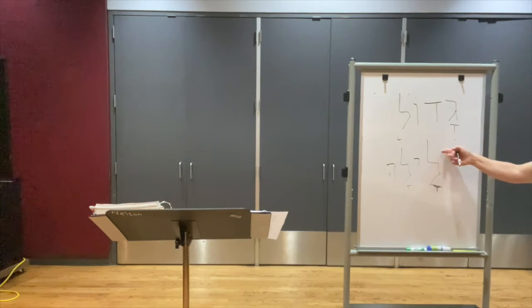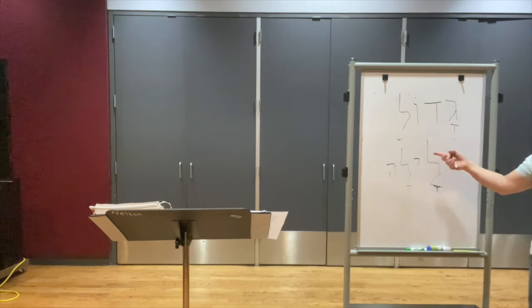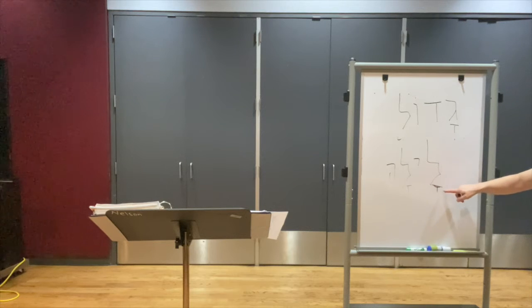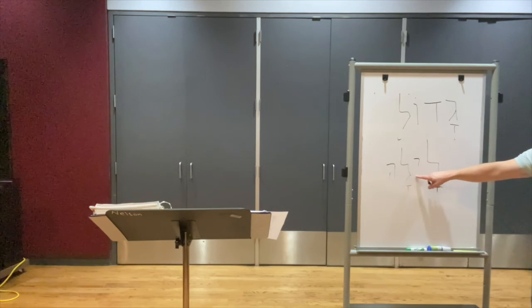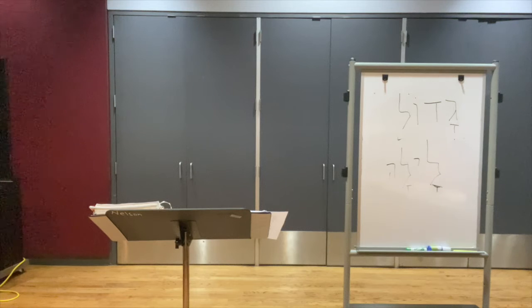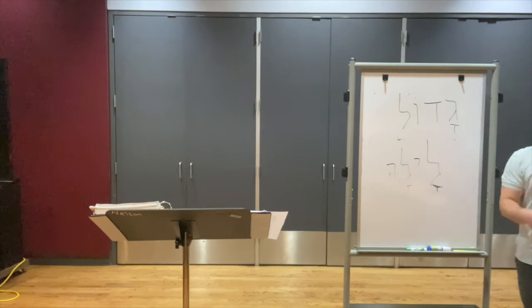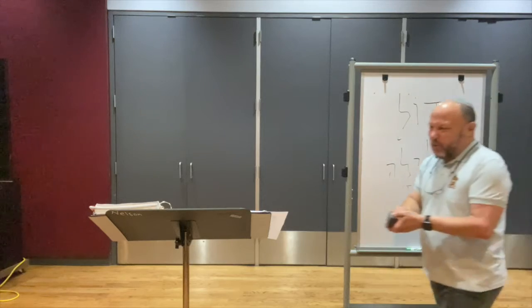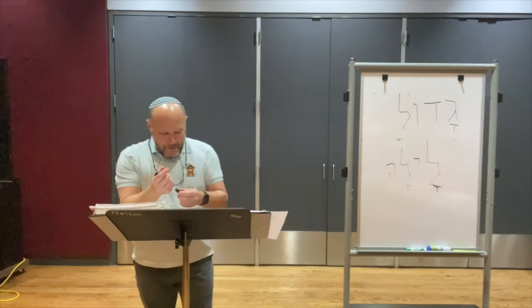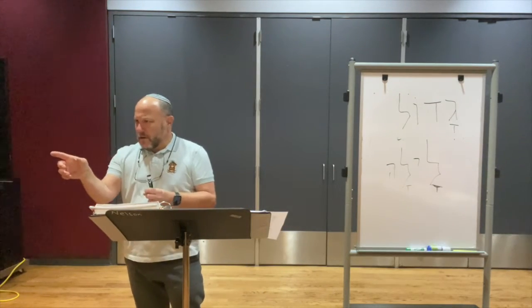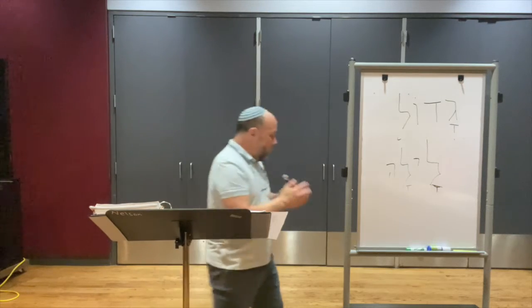So you have the L sound at the beginning of the word, or actually repeated. When you have an E sound followed by a yud, still E. When you have an A sound followed by a yud, it's still A. But when you have an ah sound followed by a yud, it becomes I. But we're not learning that right now, so just ignore me. Did I answer your question? Okay. All right, moving on.